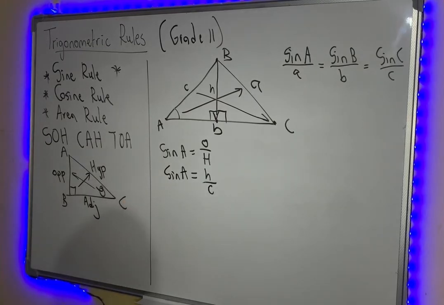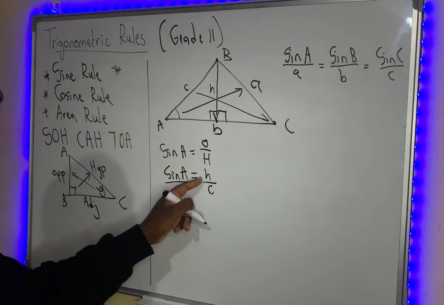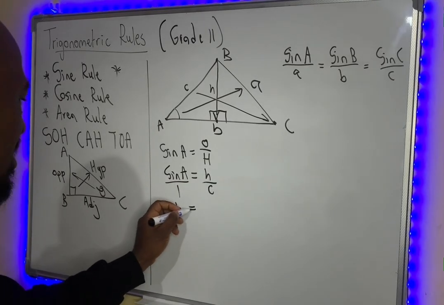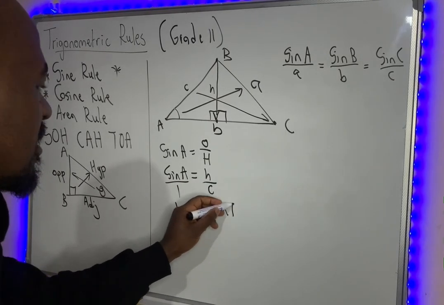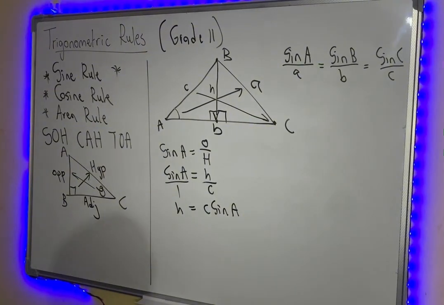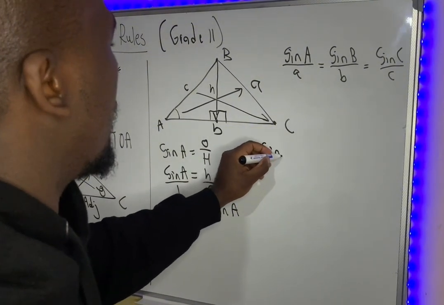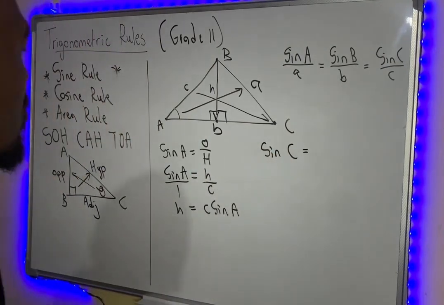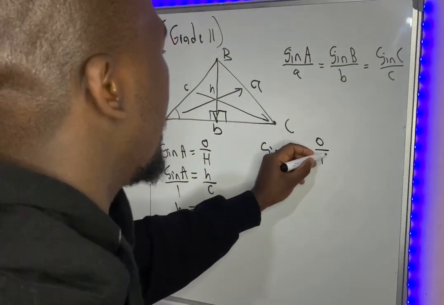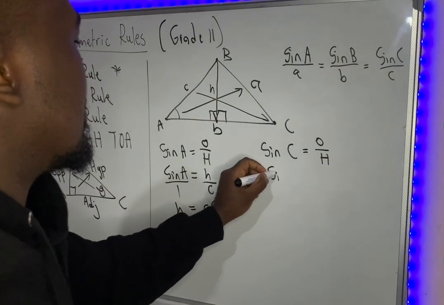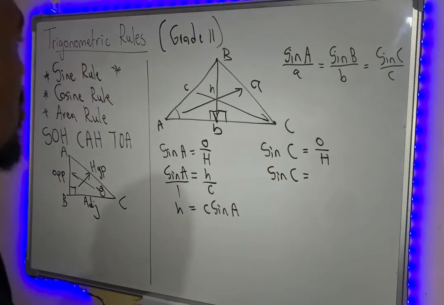Now, how do we solve for H? We cross multiply, and we get H as C sine A. From there, we are going to look for sine C. Sine C is going to be opposite over hypotenuse again.